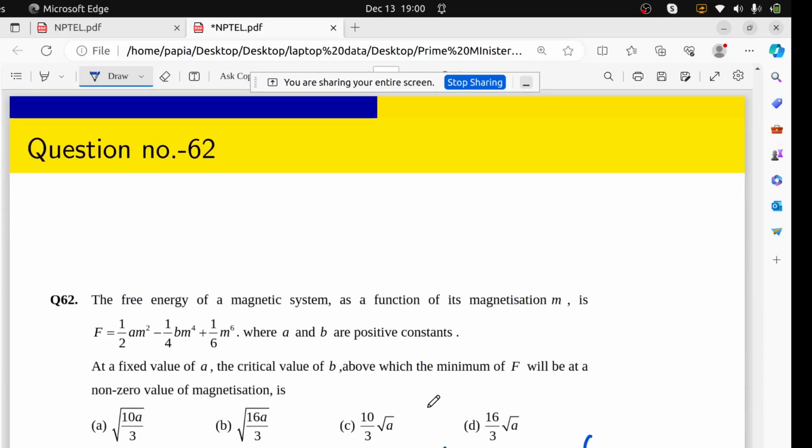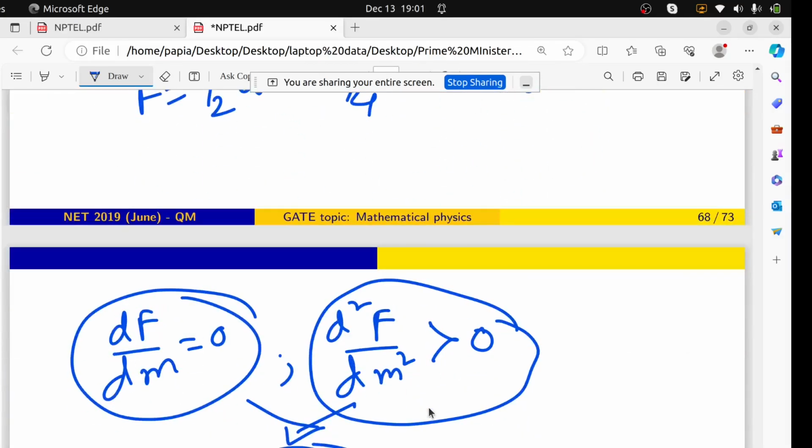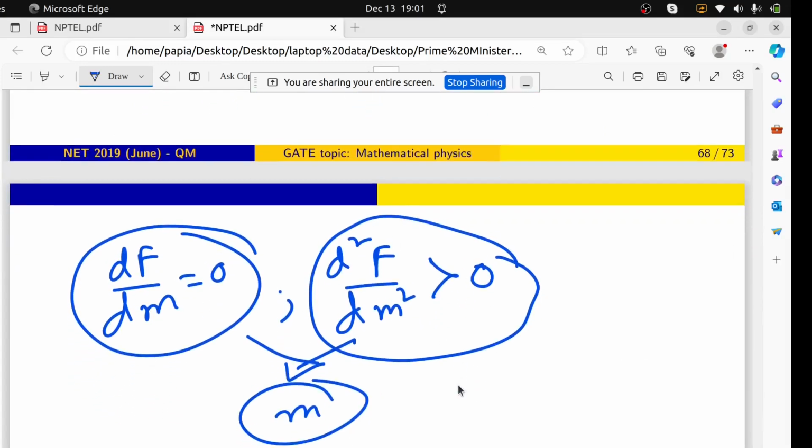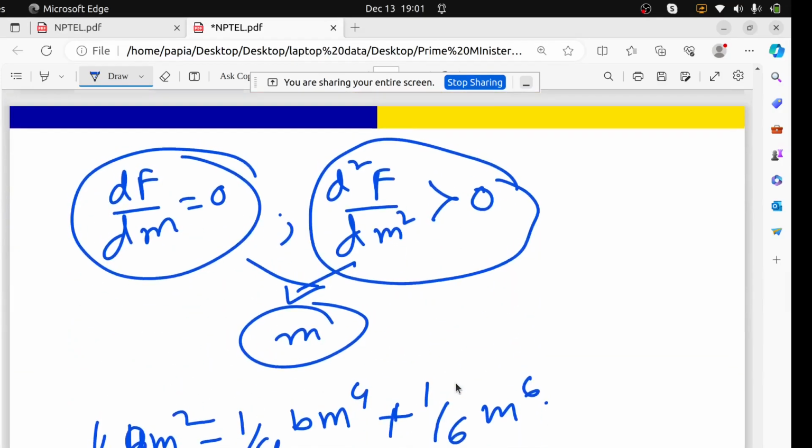I think you can do that, or I have to do, because the time is over. So that can be a homework for you, right? Simply, I already told you the procedure. dF/dm equals 0, then d2F/dm2 greater than 0. Then from that we can have the value of m.